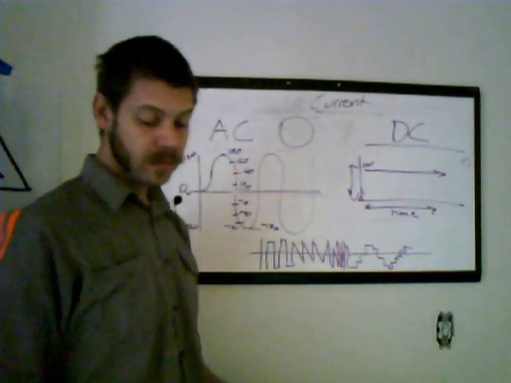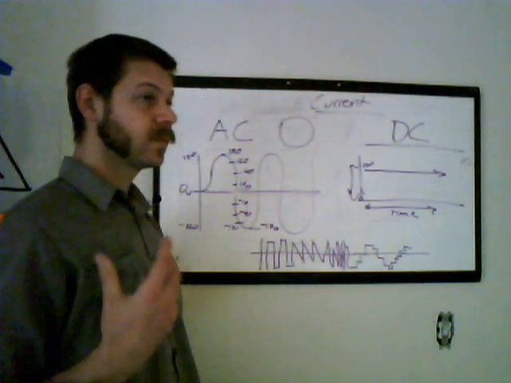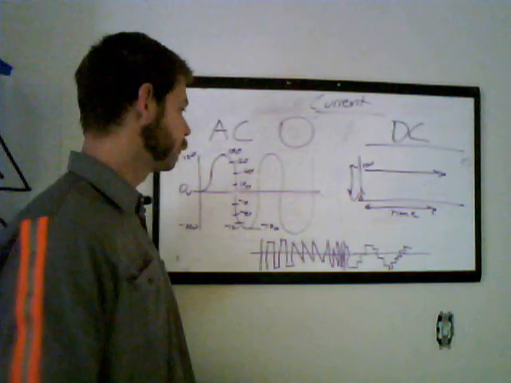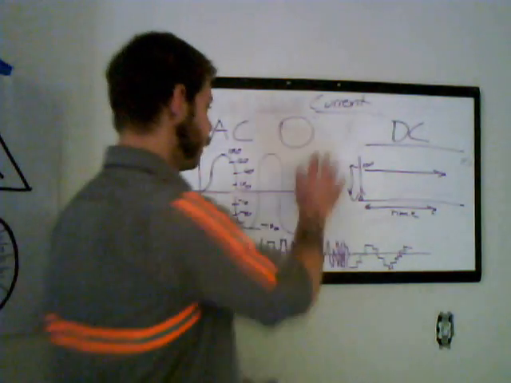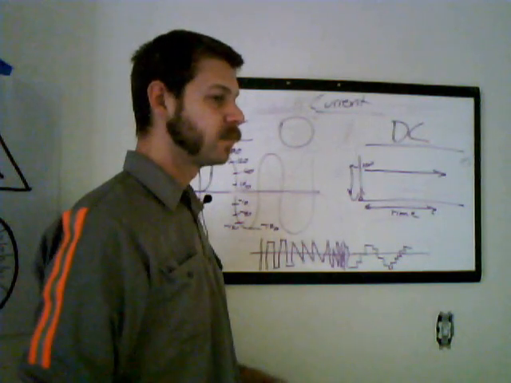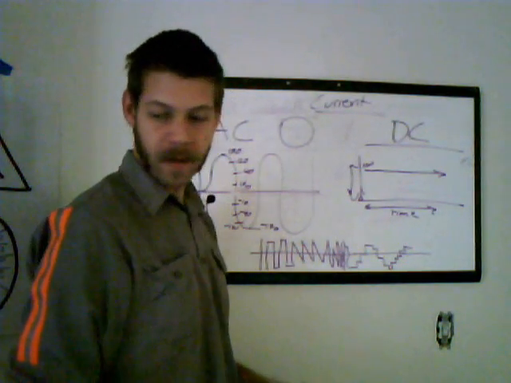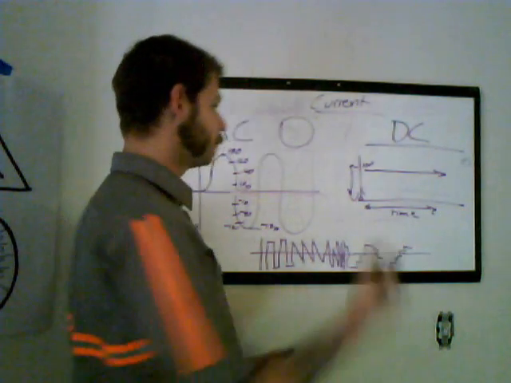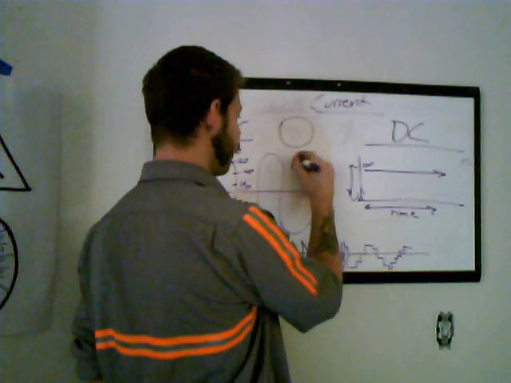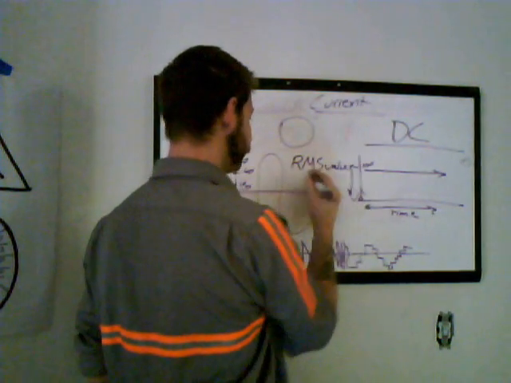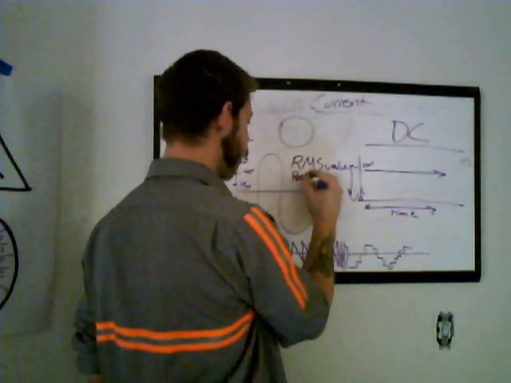So the way we need to understand the calculations of this is that AC current is measured in an RMS value. That means root mean square.